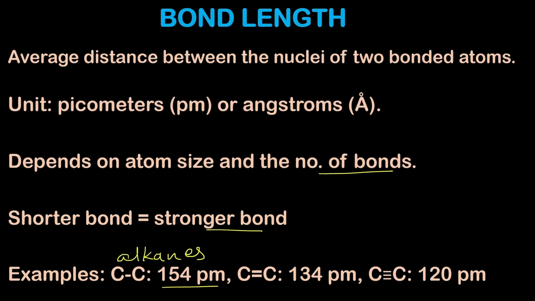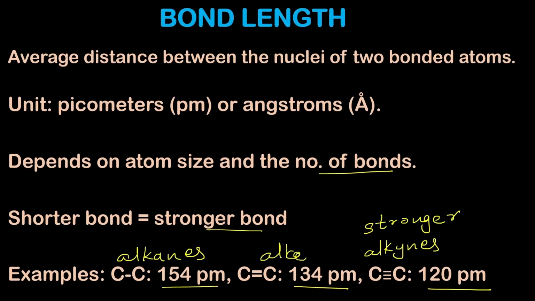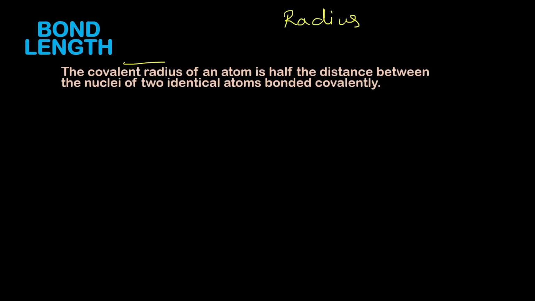The doubly bonded carbons show me 134 picometers as their bond length, and the triply bonded alkynes show us a 120 picometer bond length. The alkynes are seen to be stronger as compared to the doubly bonded alkenes or the singly bonded alkanes.